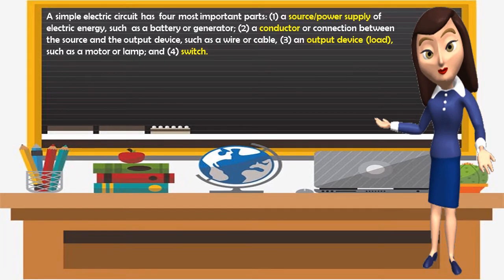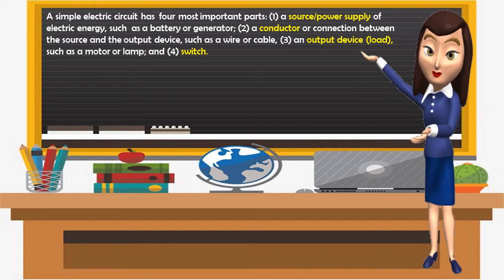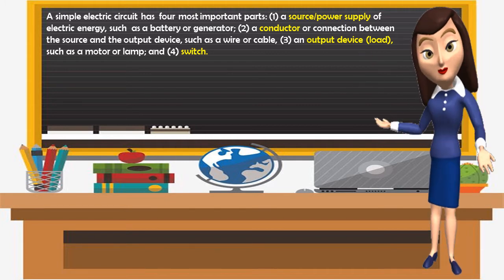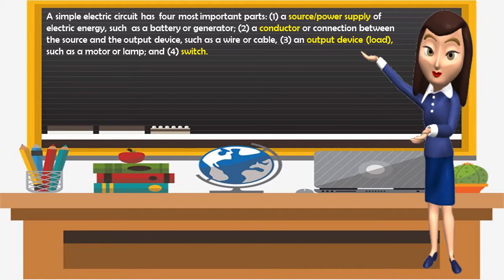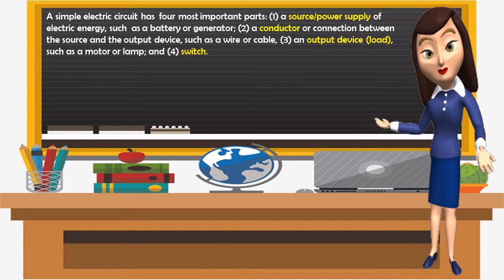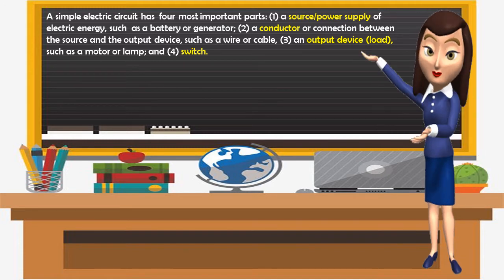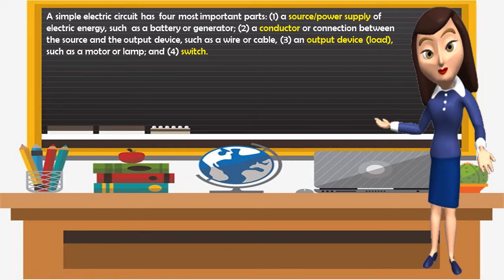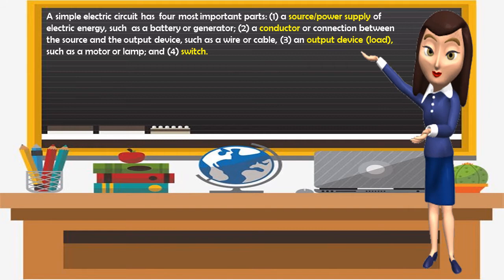A simple electric circuit has four most important parts. First, a source or power supply of electric energy, such as a battery or generator. Second, a conductor, or a connection between the source and the output device, such as a wire or cable. Third, an output device or load, such as a motor or lamp.